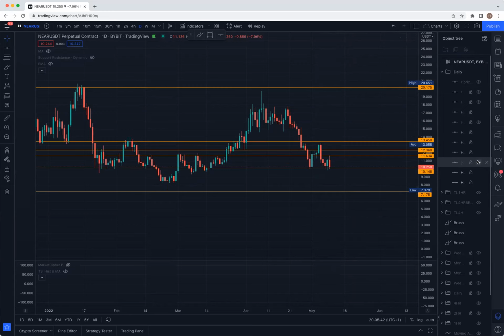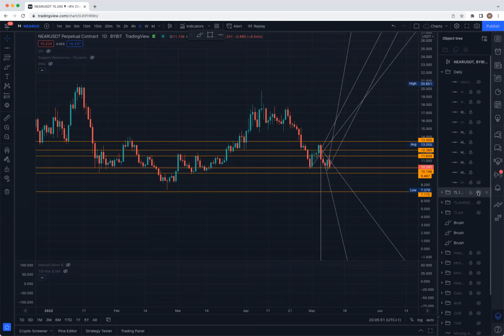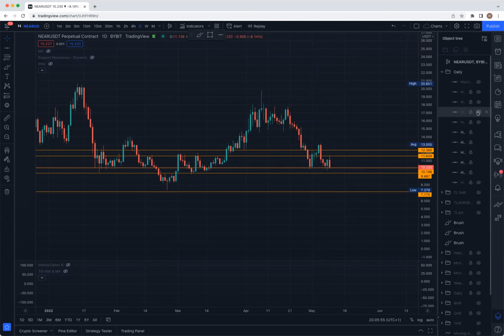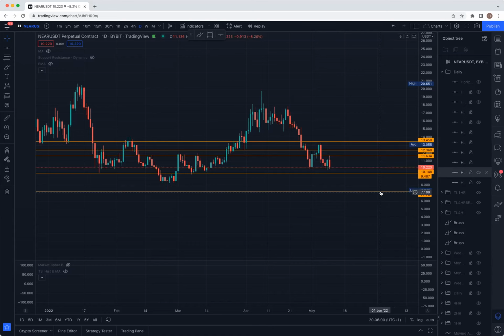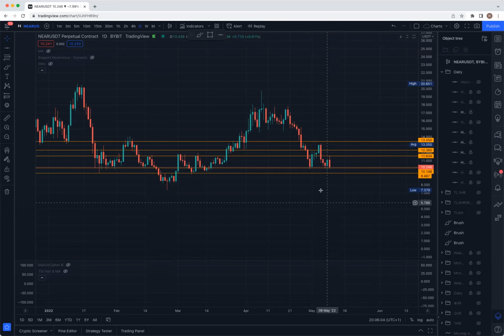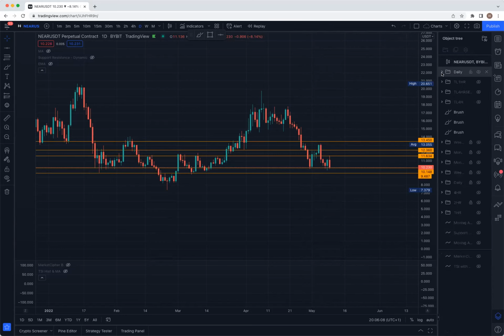You want this. Okay, so you can just close them like that and you get a few. So you still have your horizontal lines there, and then you can hide it nicely, and then you can trade the market based on where price is sitting.